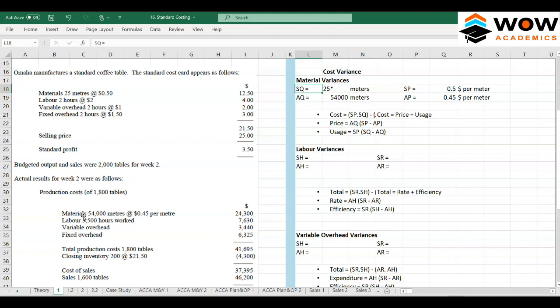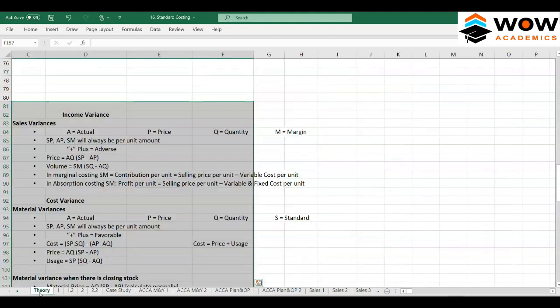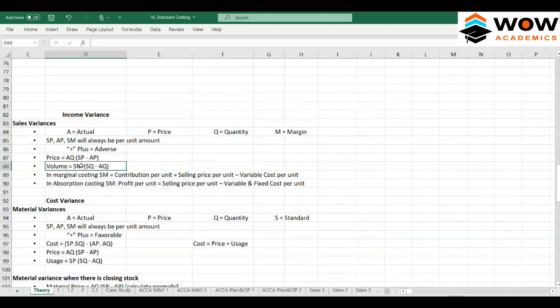Then only it becomes flexible budgeting. So multiply the standard quantity per unit into the total actual products produced, that is 1800 tables.